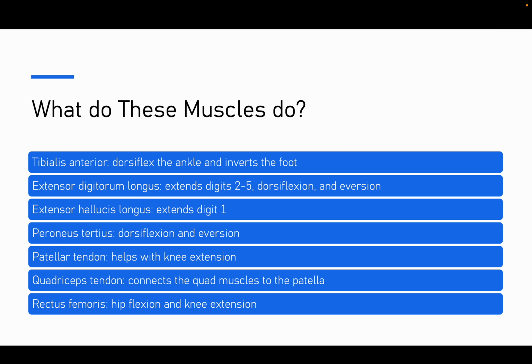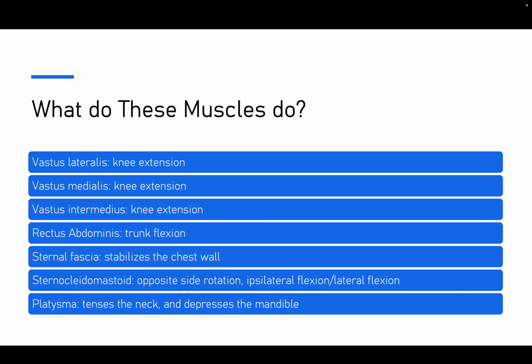The quadriceps tendon connects the quad muscles down to the patella, and the rectus femoris does hip flexion and knee extension. The vastus lateralis also does knee extension, vastus medialis does knee extension, and the vastus intermedius also does knee extension.